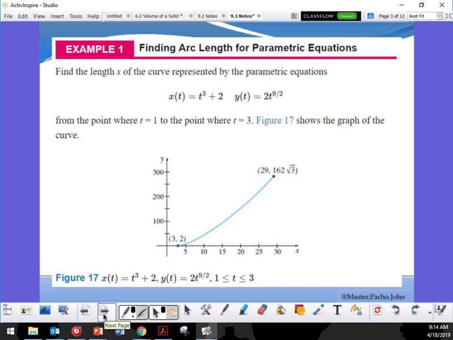All right, so find the length of the curve represented by these two parametric equations. Let's go through and find the things I need to find.